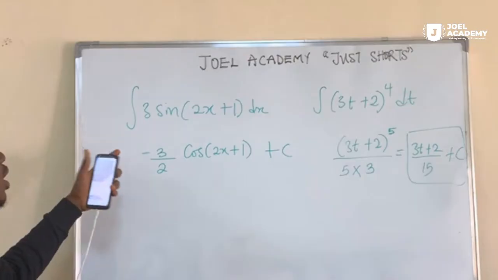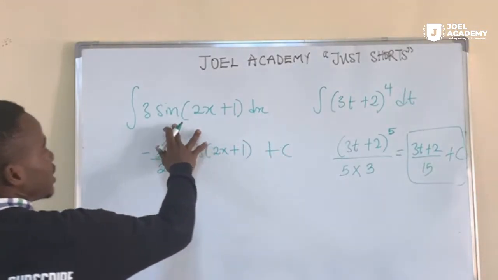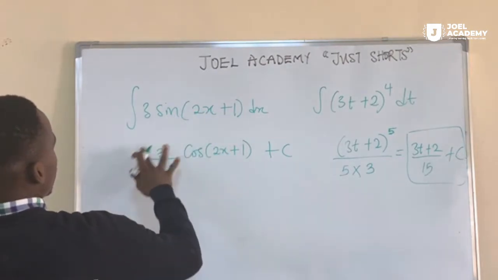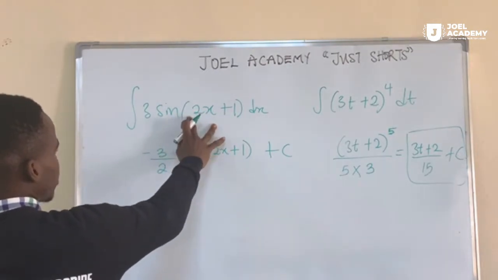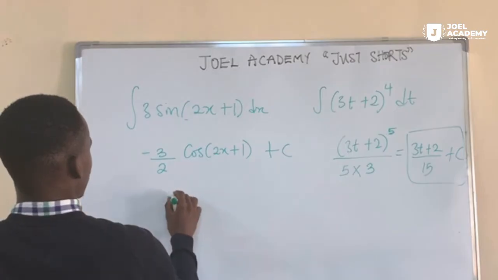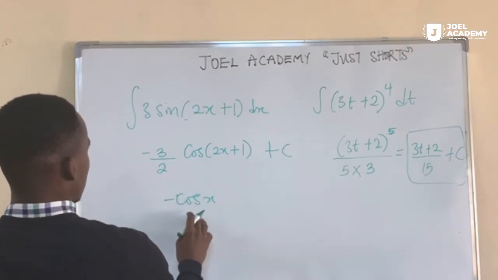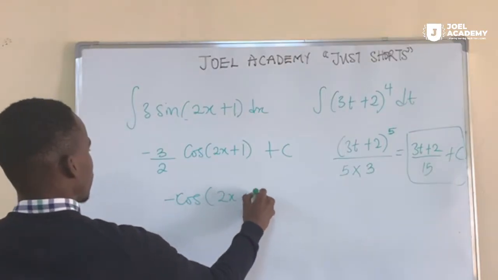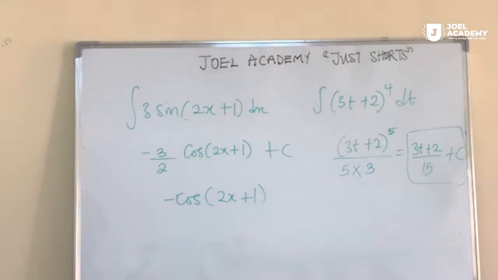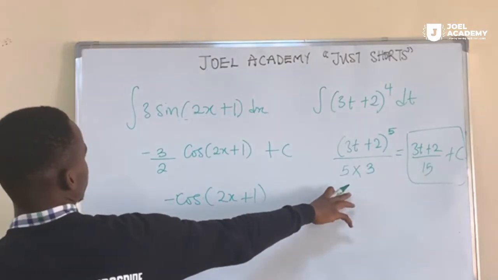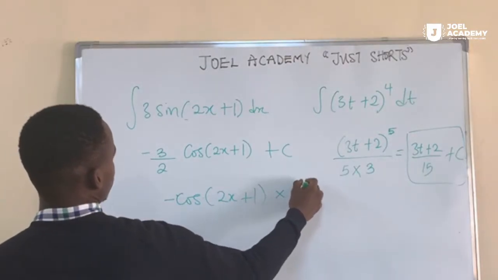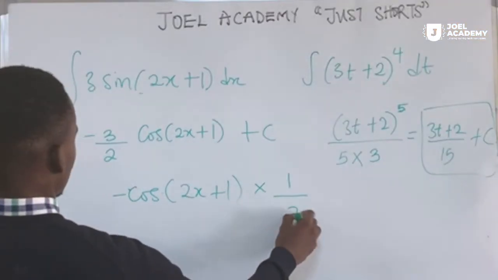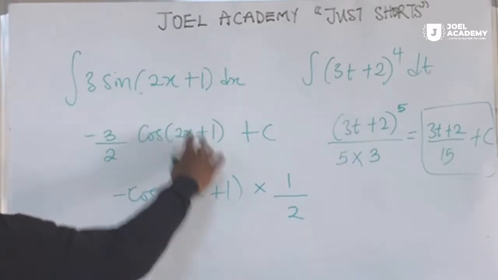Now, how did I get this? First of all, remember we have something like this, just like integration by substitution. You take this as your x. When you integrate sine x, what do you have? You have minus cos x, right? And remember your x is this, so you put it as 2x plus 1. But then you're not done. Like we did here, we multiply by 1 over 2, which is the derivative of whatever is in the bracket.